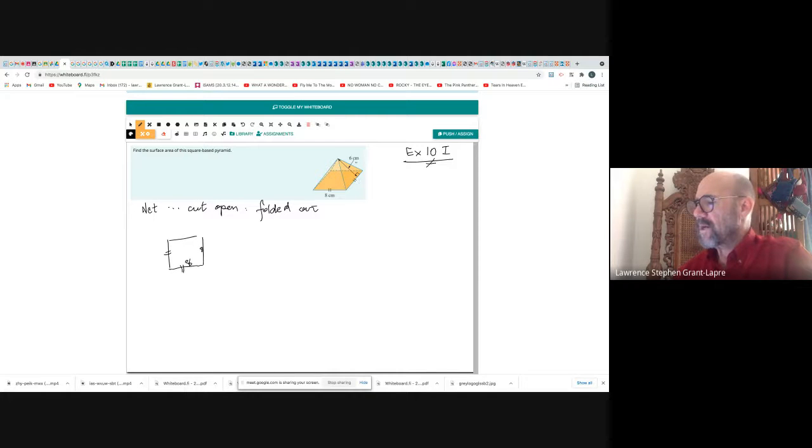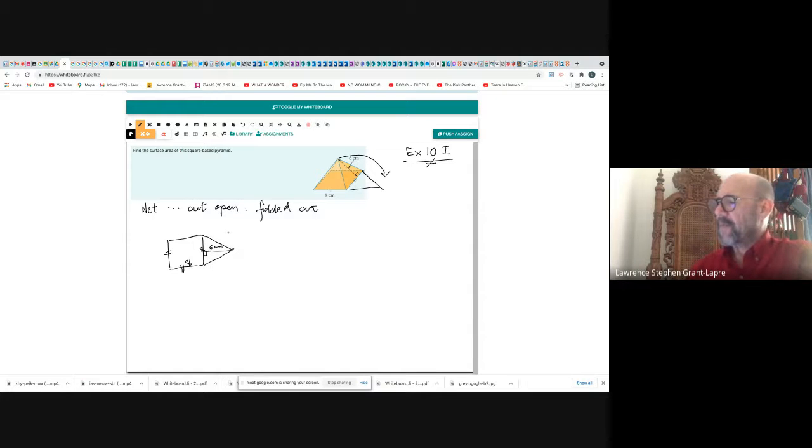Now this side here will fold out, and it will fold out to be a triangle, which is flat, and you see that the triangle has an altitude of 6. So from the tip to the middle of that side, or at 90 degrees, that right angle, that is a length of 6 centimeters.